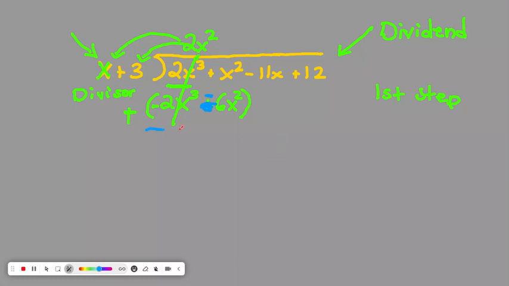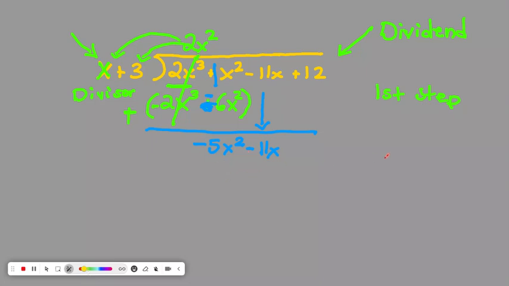And if we put a line under here, we're going to get negative 5x squared, because remember there's a 1 there, invisible, but it's there. And then we're going to bring down the negative 11x.